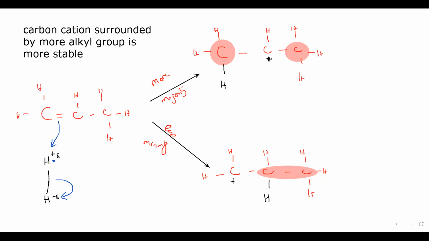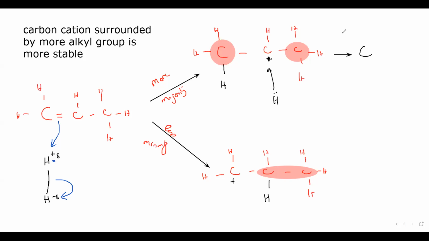Then what happened? The hydrogen negative ion which is produced, having the extra electron, is attracted towards the positive side. So this hydrogen which has the electron is attracted towards the positive side, and what will be the result?